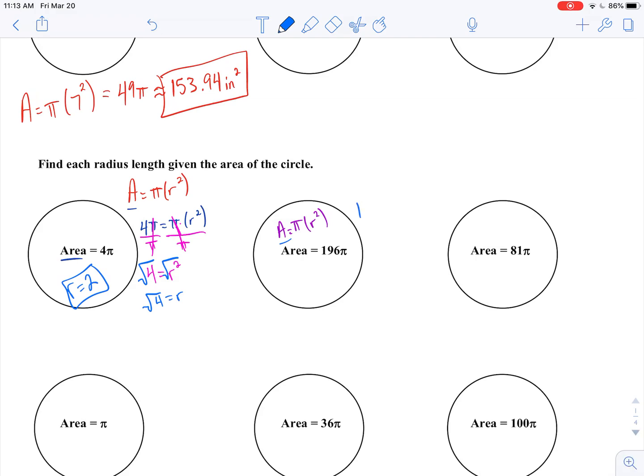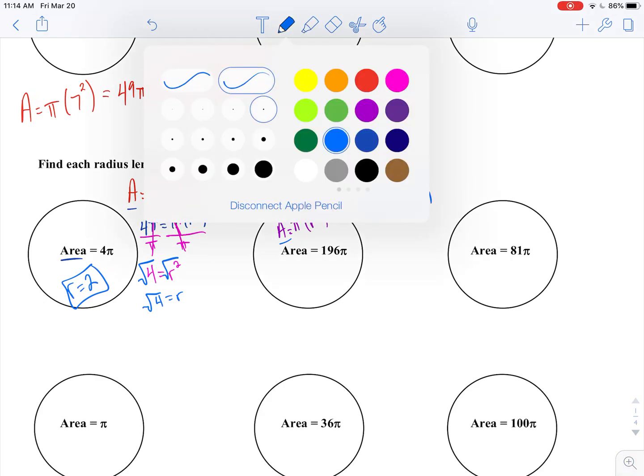Well, I should put the area value where it says area. So 196 pi equals pi times r squared.